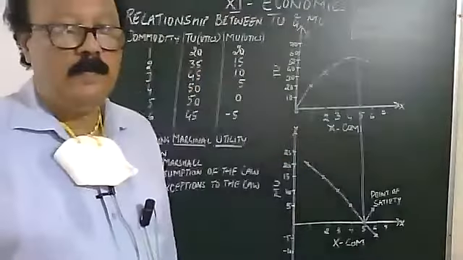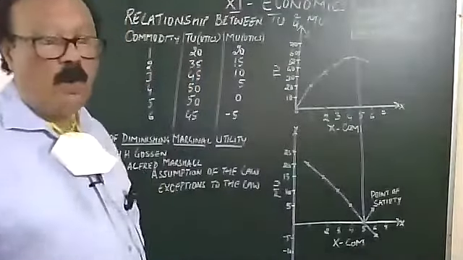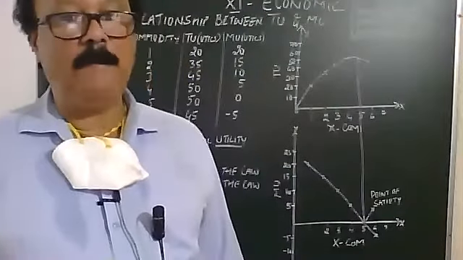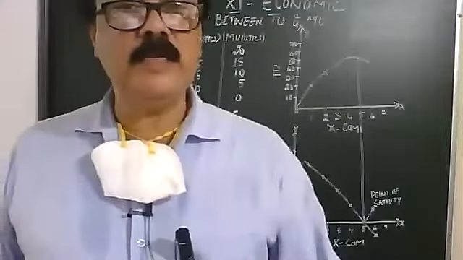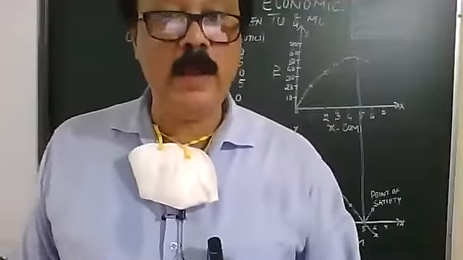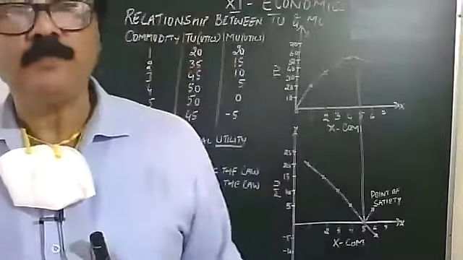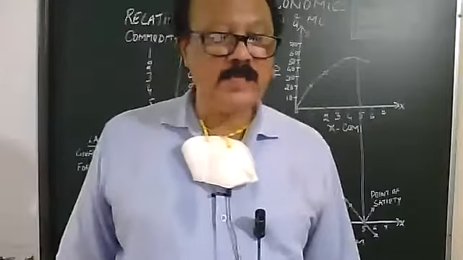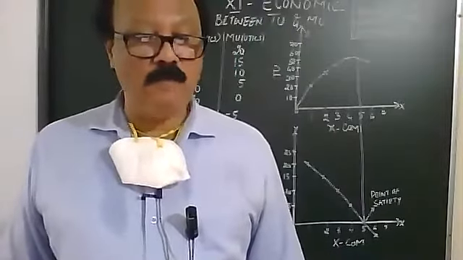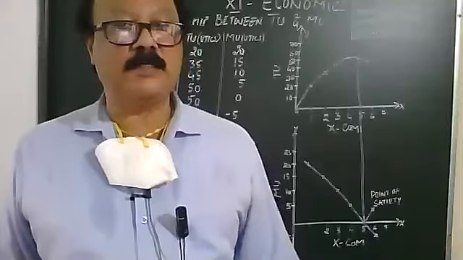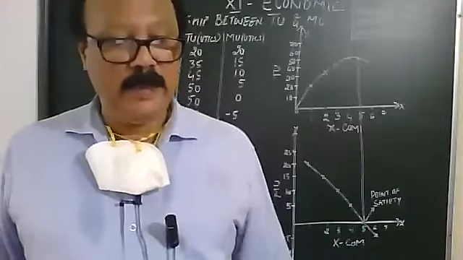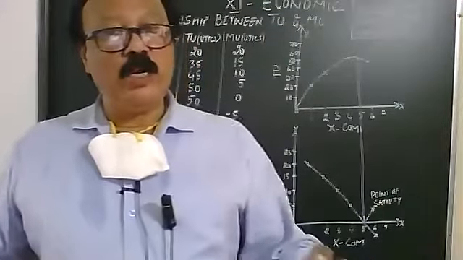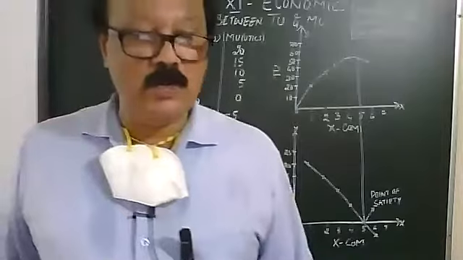Now, till here, we have done. Tomorrow we will do the consumer equilibrium utility approach. There are two approaches. One is the cardinal approach and the second one is the ordinal approach. Remember, the cardinal approach is when you can measure in terms of fixed numbers, cardinal numbers like 1, 2, 3, 4, etc. When the units are measured in exact units, that is called cardinal utility.